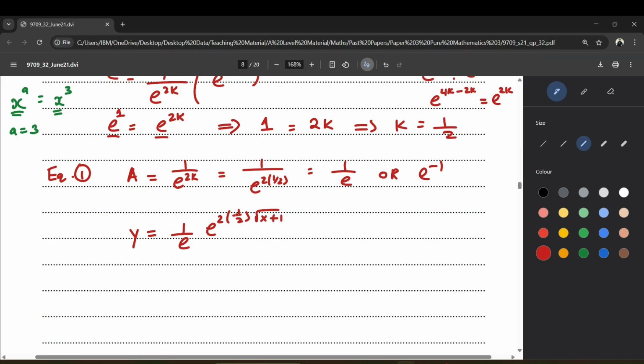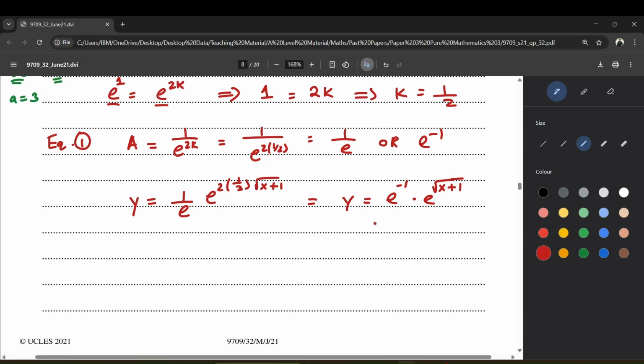Okay, so 2 times half, that will cancel. So you're going to get e to the power minus 1 times e to the power root of x plus 1. And therefore we can write this in one simple form. We can add the powers. So I'll be left with e to the power root x plus 1 minus 1. Okay, and that is your final answer.